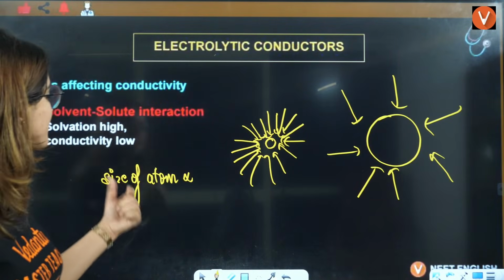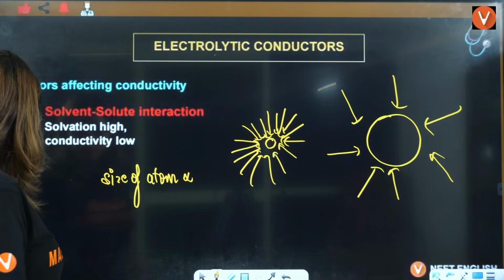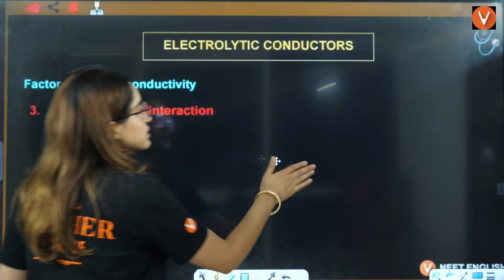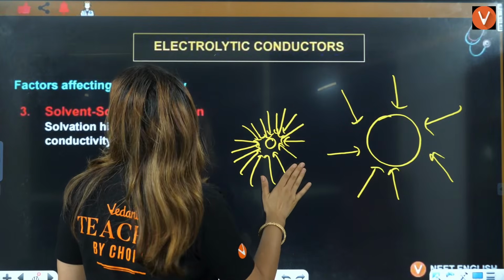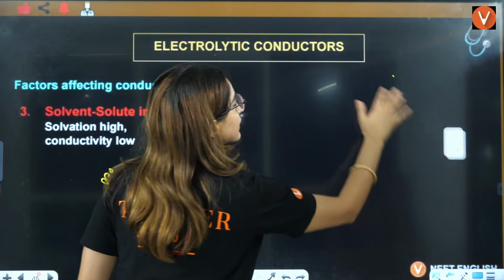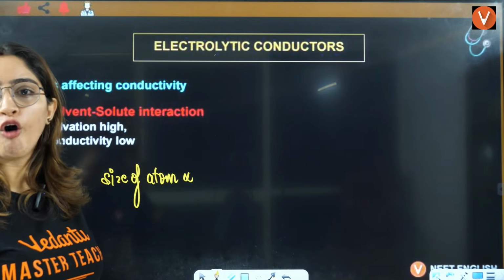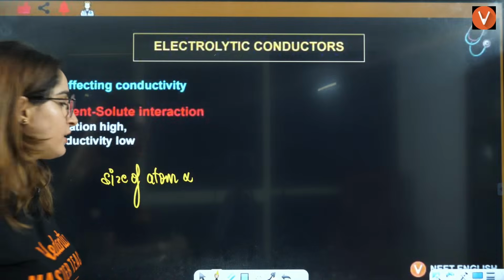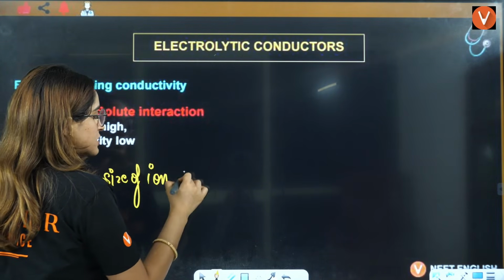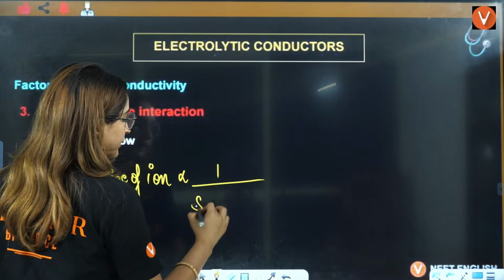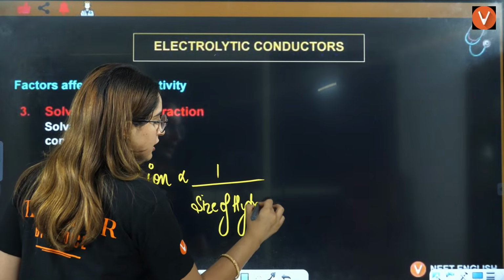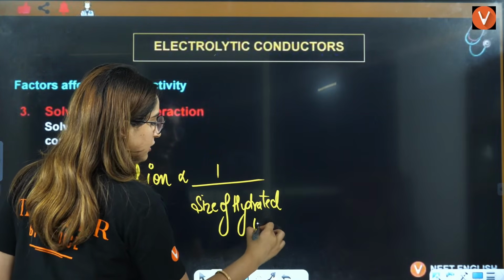Okay, so if the size of the atom is small, what can I say about it, guys? If the size of the atom is small, then the size of the hydrated ion is large. The size of the ion is inversely proportional to the size of the hydrated ion.